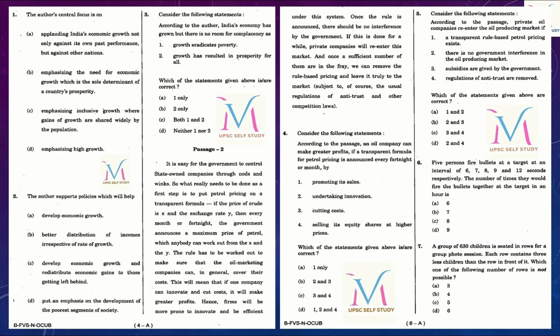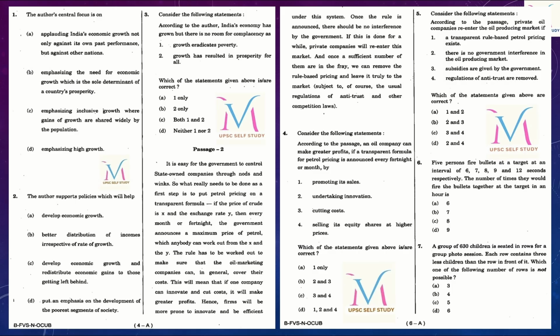So for this question number 4, option B is correct: 2 and 3. If we are able to get the price regarding the oil, we can undertake other innovations for better sales, and also cutting costs.